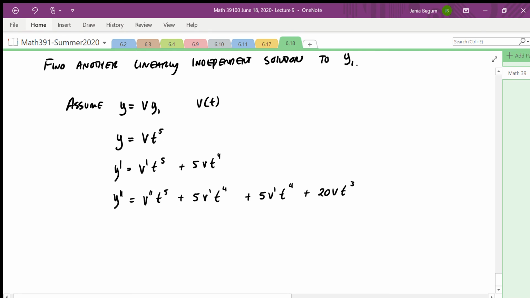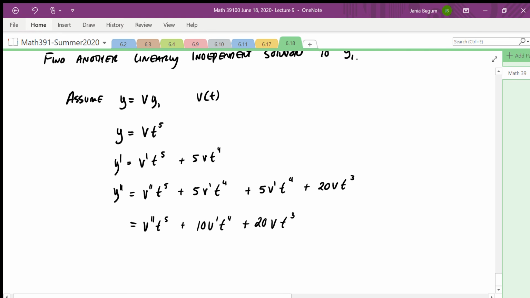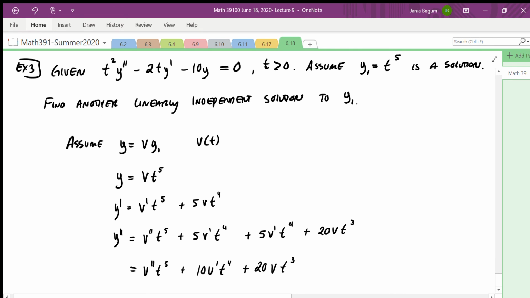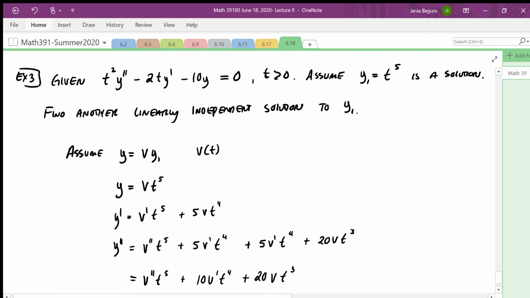Okay, and then I can combine those terms in the middle. We have v double prime t to the 5th plus 10 v prime t to the 4th plus 20 v t to the 3rd. And now I'm going to go ahead and plug the expressions for y prime and y double prime into the original equation. Okay, so if I do that, I get the following. So we have t squared times y double prime.